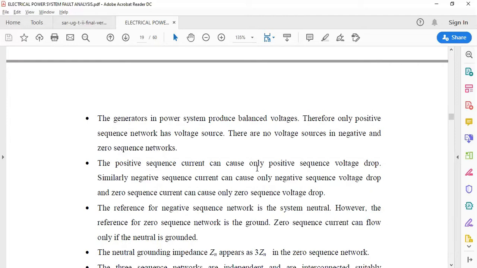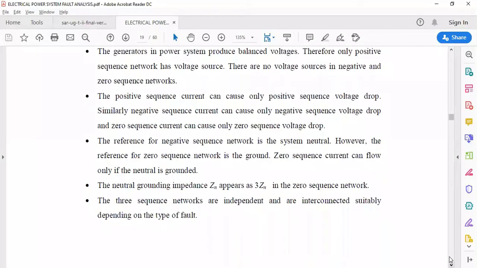However, the reference for the zero sequence network is the ground. Zero sequence current can flow only in the neutral, or only when the neutral is grounded. The neutral grounding impedance Zn appears as 3Zn in the zero sequence network. Already we have seen why it is 3 times the neutral grounding impedance Zn.